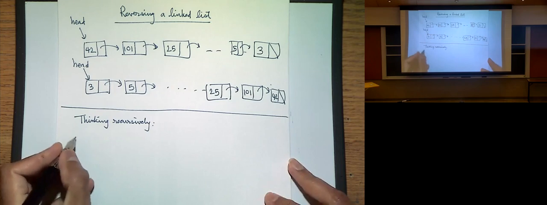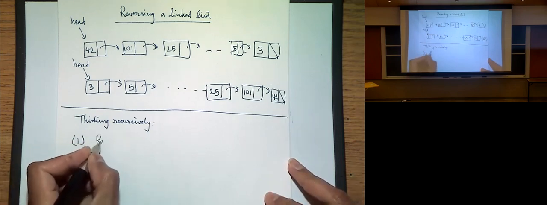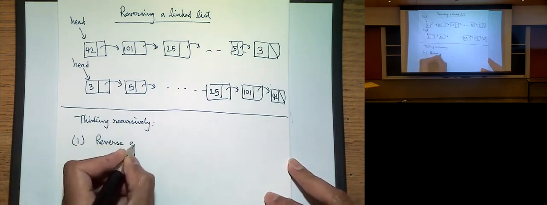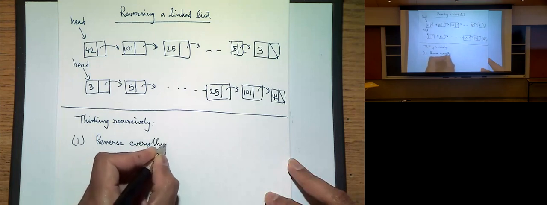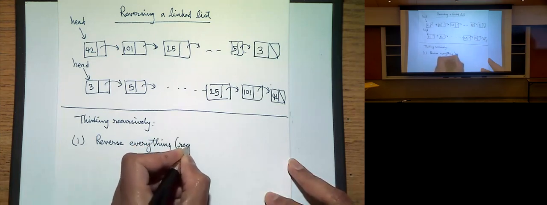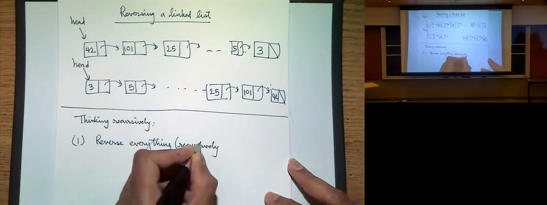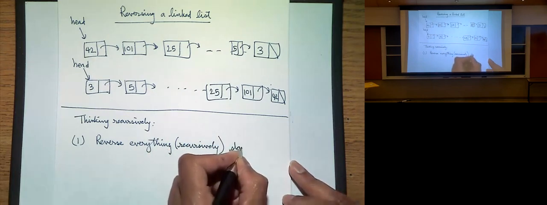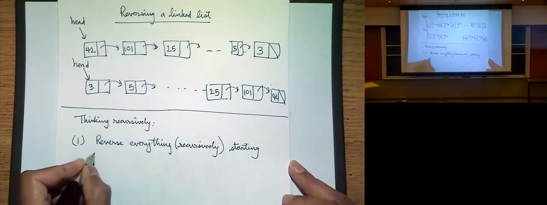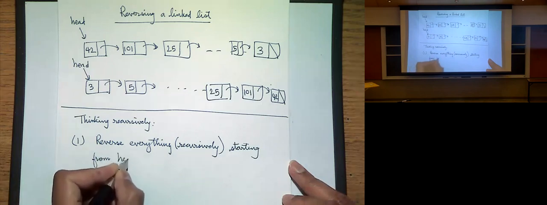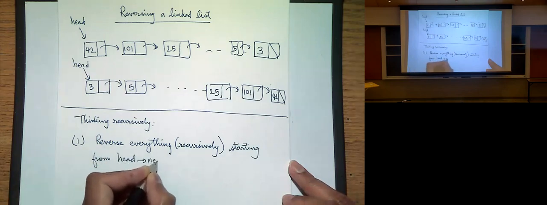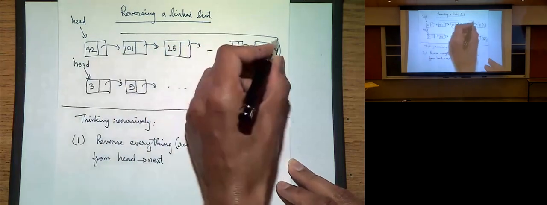So I'll write this as: reverse everything recursively starting from head arrow next, right? So you try to reverse all of this.